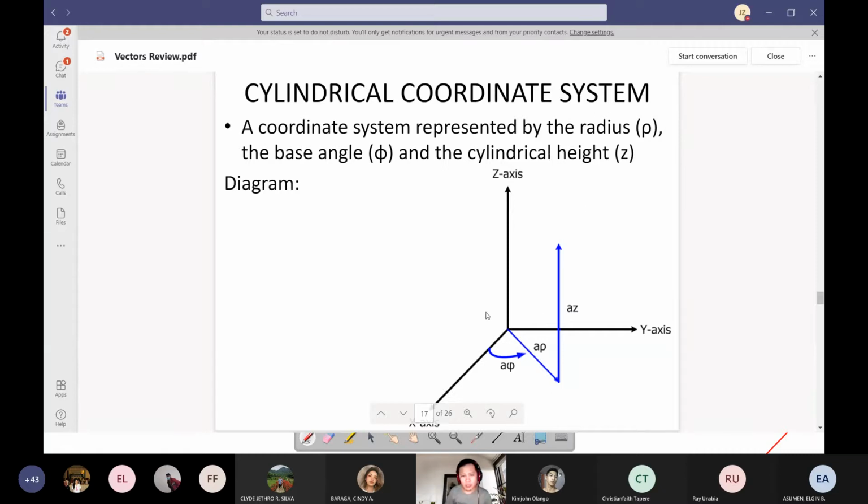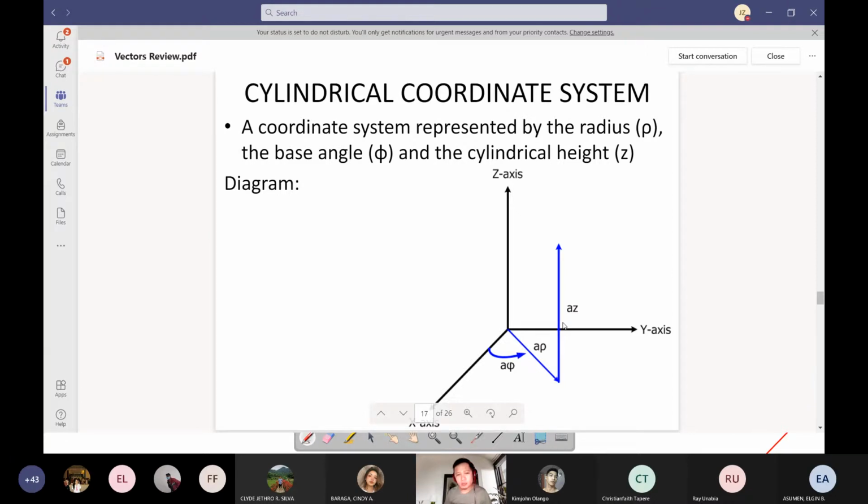Using the basis of the x, y, and z axes of the rectangular coordinate system, you have the representation for the cylindrical coordinate system: the radius rho, and then from the x-axis as the basis, you have your base angle phi, then your height z.